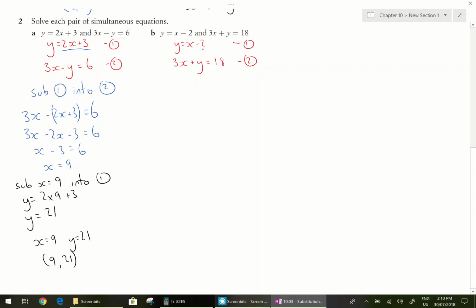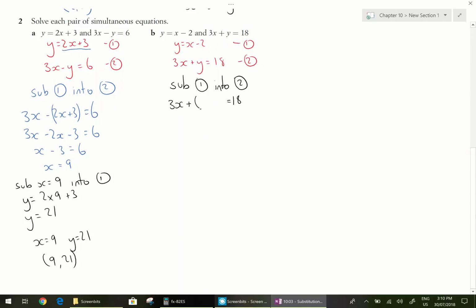So the same thing, I'm going to replace in the second equation what y equals. And y equals x minus 2. So I'm going to take the first equation and substitute 1 into 2. And I'm going to write out that second equation, 3x plus, I'll leave a gap, because I'm going to take away this y and put in its place x minus 2.